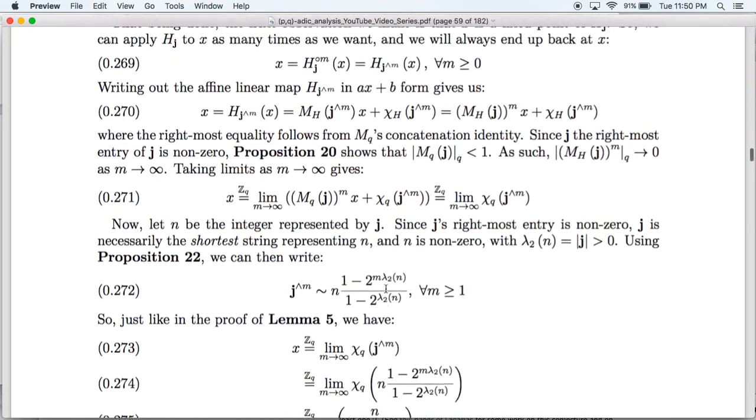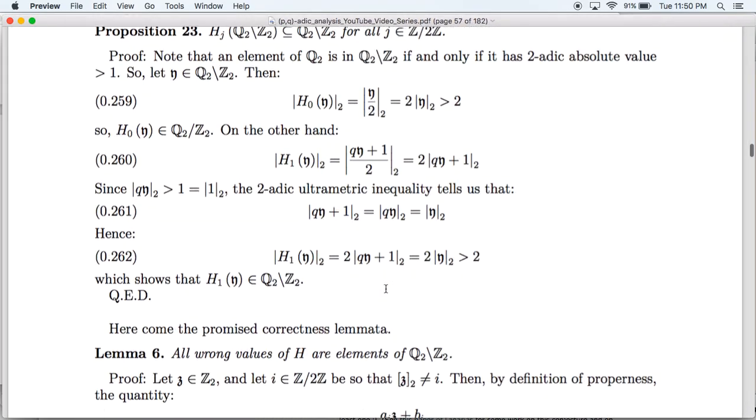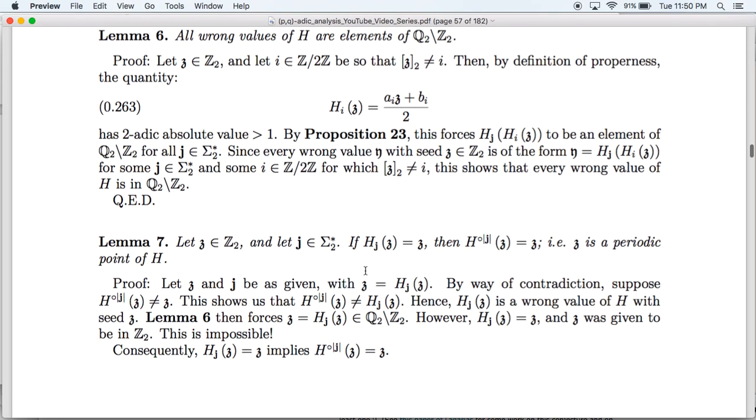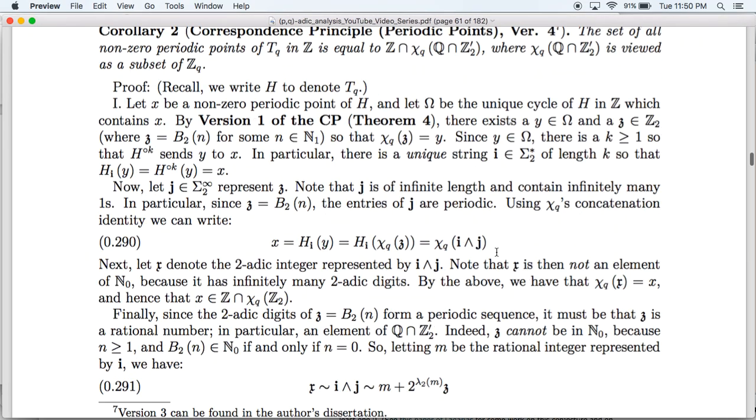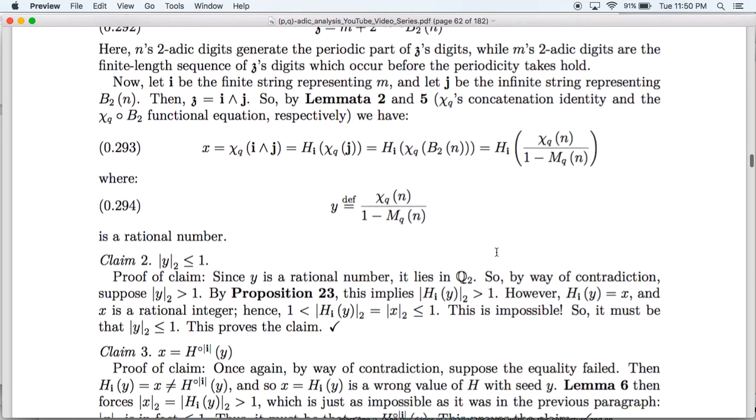Lemma 7, recall, is this, which says that if we have a q-adic integer which is fixed by some composition sequence, then that q-adic integer is necessarily a periodic point of h itself, which is exactly what we get here.